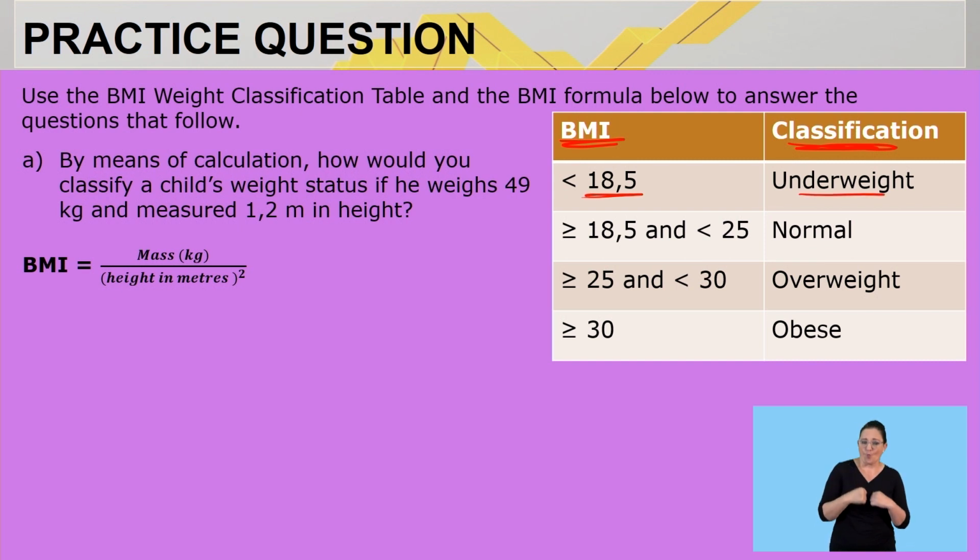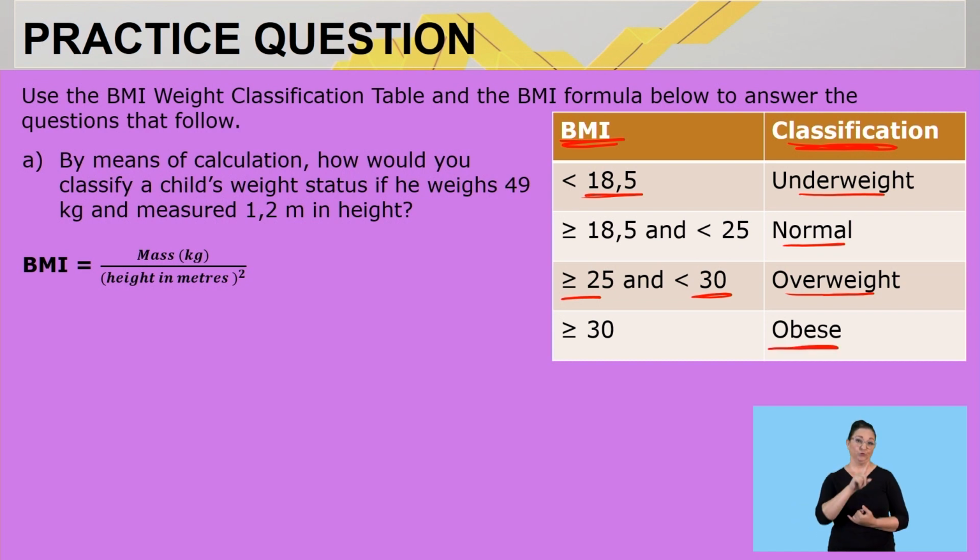Equal to or more than 18.5 but less than 25 will be classified as normal. Equal to or more than 25 but less than 30 will be seen as overweight, and anything from 30 onwards, equal to 30 and more than 30, will be seen as obese.